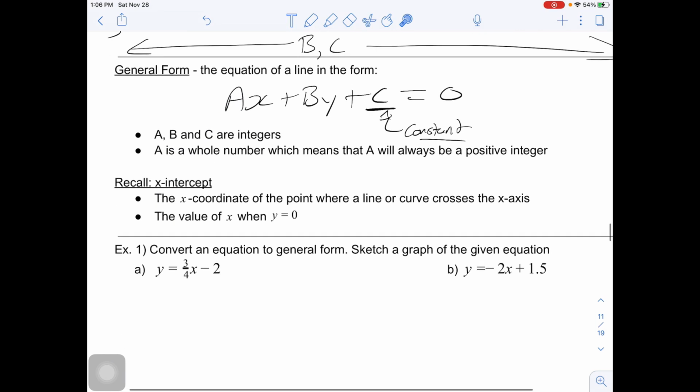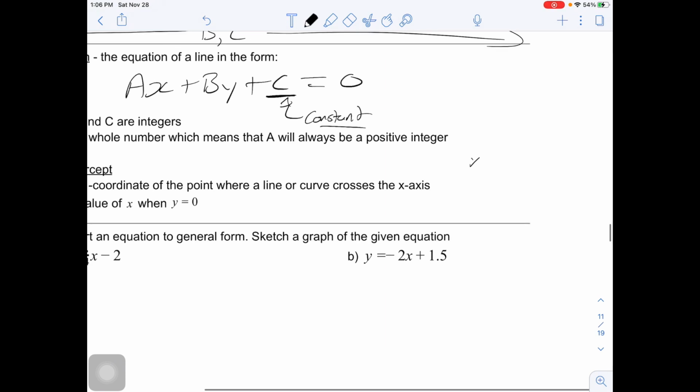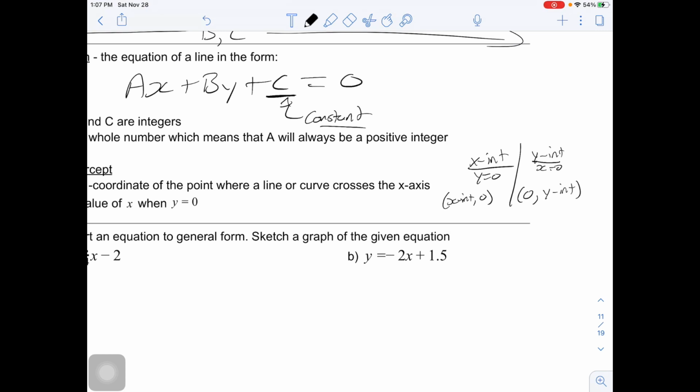Now let's just recall our x-intercept, the x-coordinate of the point where a line or curve crosses through the x-axis. So the value of x is where y is 0. Remember, x-intercepts are when y equals 0, and y-intercepts are when x equals 0. So an x-intercept would be your x-coordinate, and the corresponding y would be 0, and the corresponding y-coordinate would be your y-intercept.